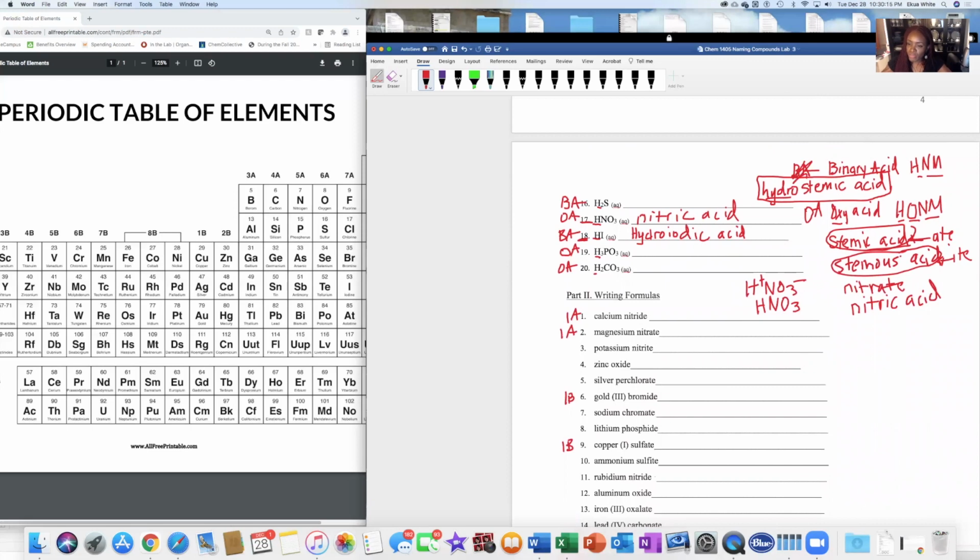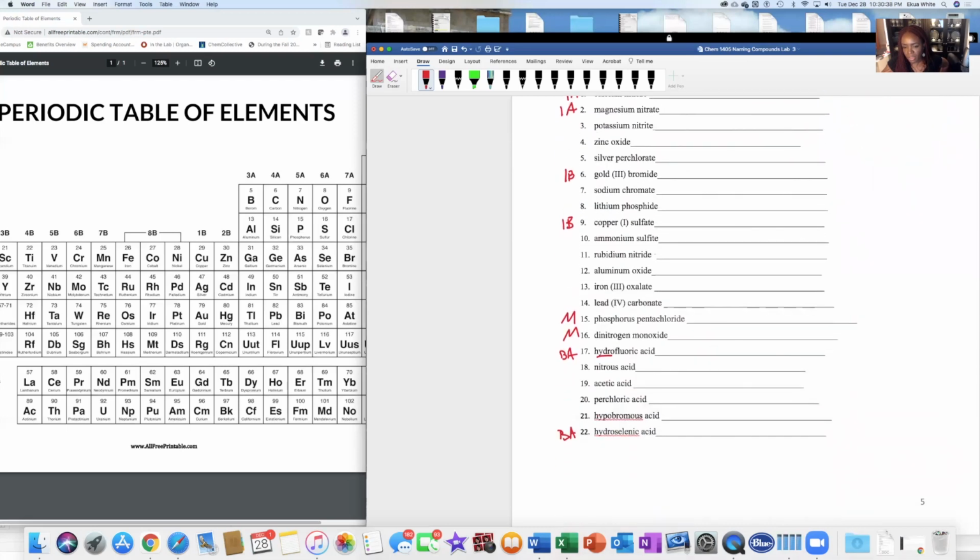Now I'm going to try to find the oxyacids. With the oxyacids, remember the two naming formats? You have the stem-ic, the one that ends with the ic, and the one that ends with the ous. It's not really ends, but it's a suffix, right? Before the word acid, we have stem-ic acid, stem-ous acid. The ous came from the ite. So let me see if I can identify that. Oh, look, ous acid. This is going to be an oxyacid, okay?